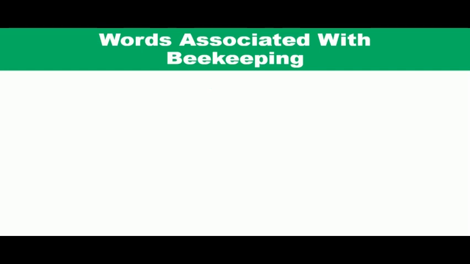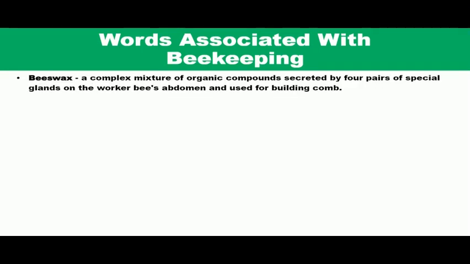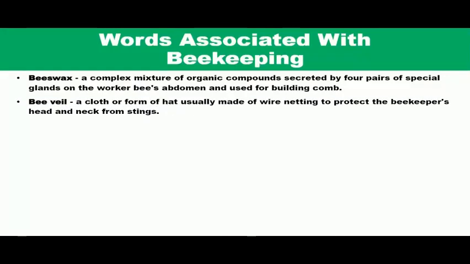Now, more words associated with beekeeping. Beeswax is a complex mixture of organic compounds secreted by 4 pairs of special glands on the worker bee's abdomen and used for building comb. Okay. Then you have the bee veil. That's what someone working there uses.